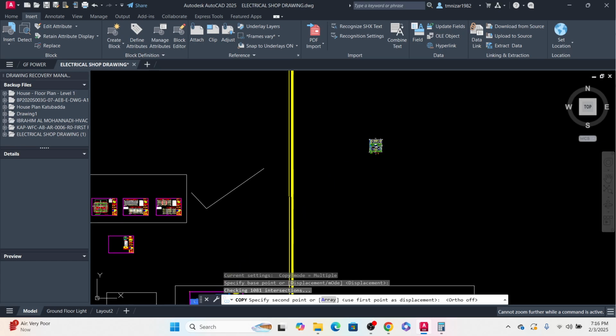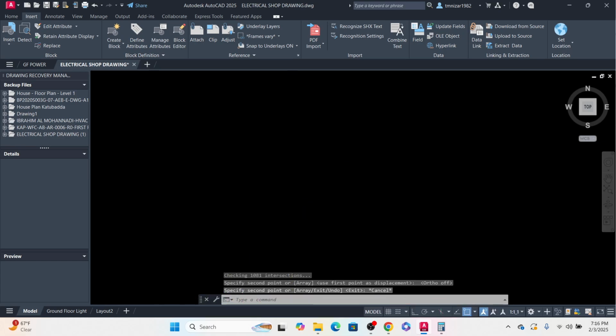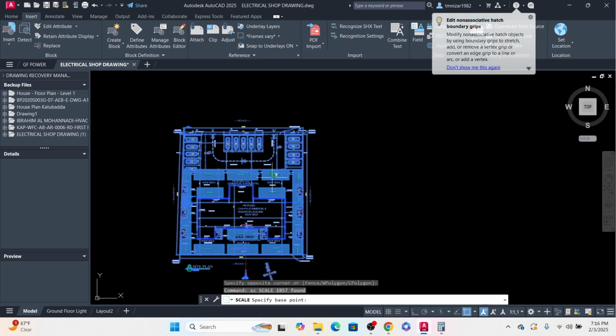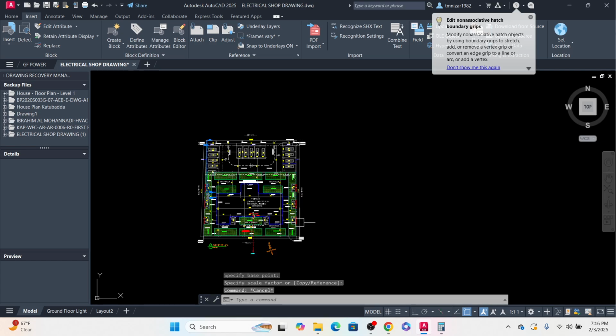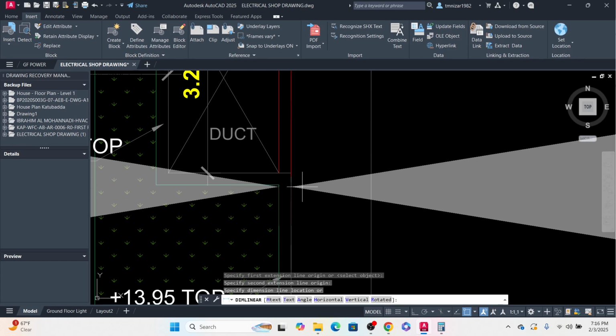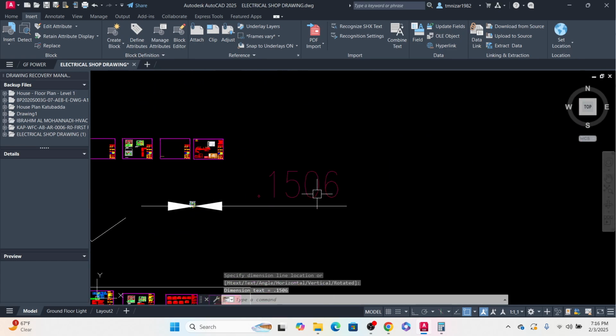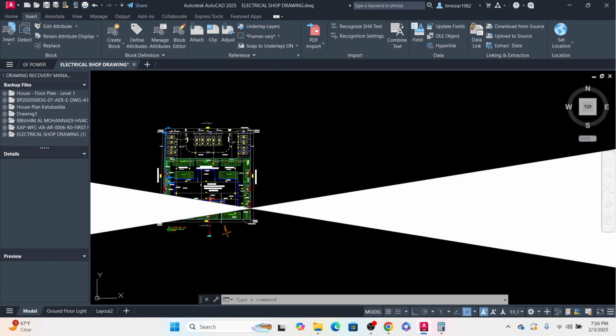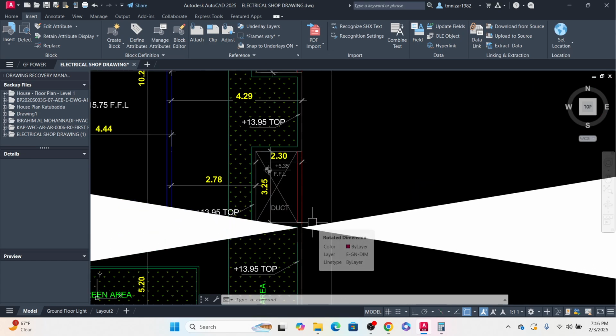Put it somewhere here. Now I just scale without any number here. Okay, like this. So if I measure this one, I'll have some certain amount, 0.1506. So we know this wall thickness is 200.